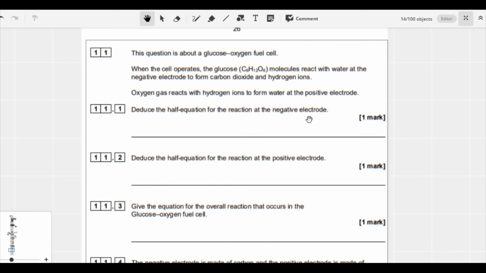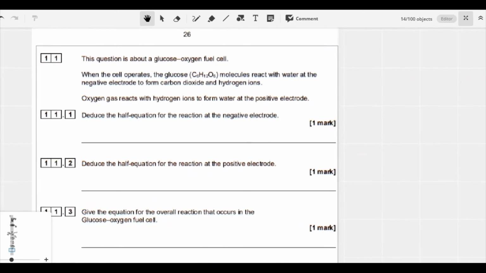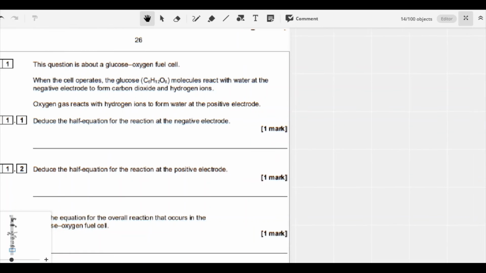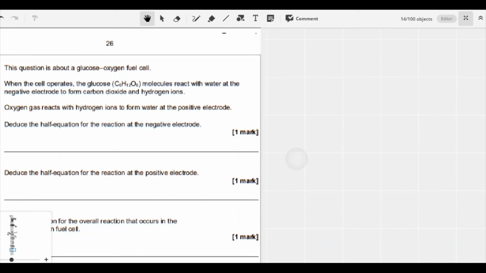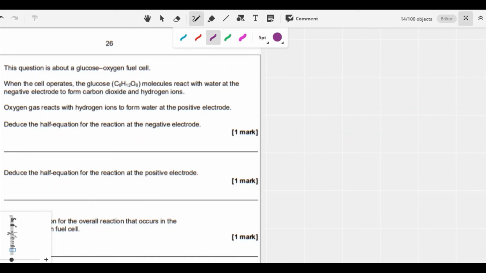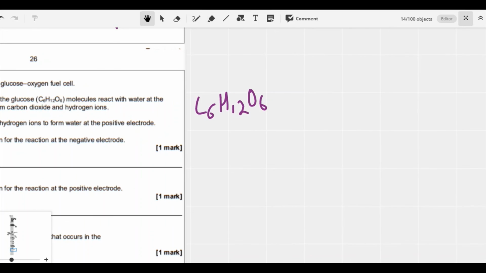So what does the negative electrode mean? I am going to write at negative electrode, that would be the loss of electrons. Here is glucose, C6H12O6, which reacts with water molecules.